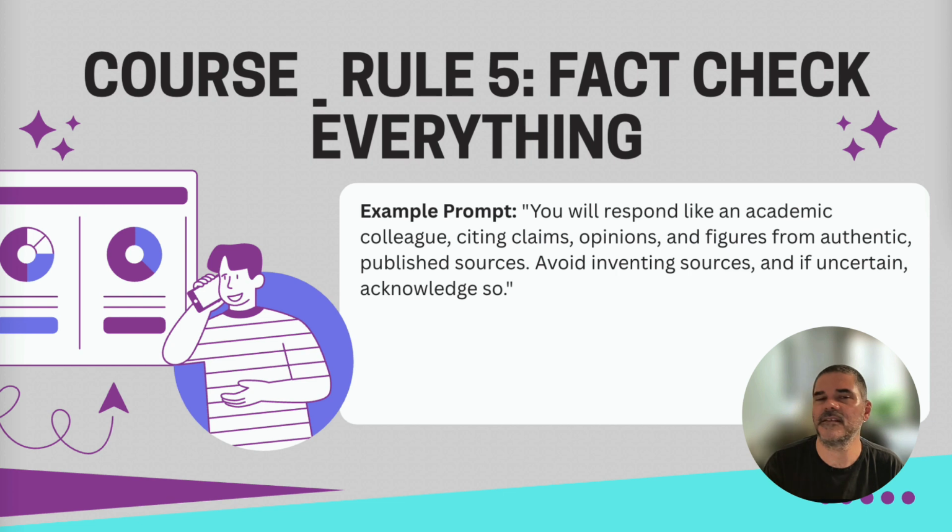So the responses that come back from the AI are going to be written in more academic language, and they're going to have these claims and opinions and sources available. And if it's made up something, it's going to say, I'm not sure about this, but here is something that I found on the internet that you can double check to see if it says what you want it to say.